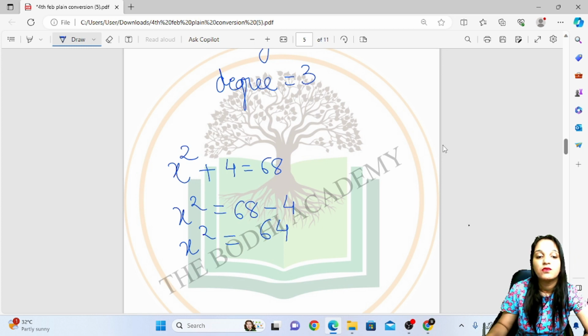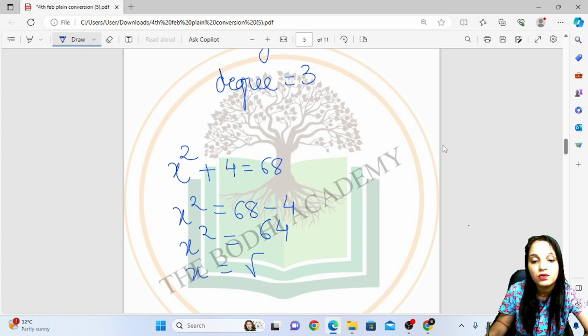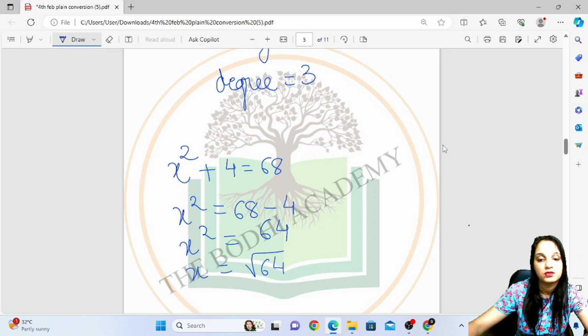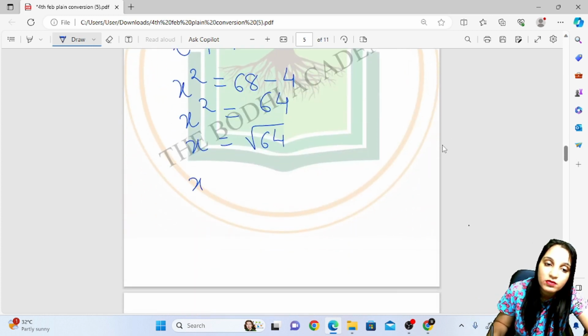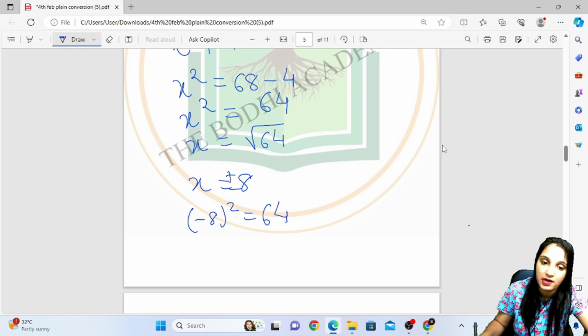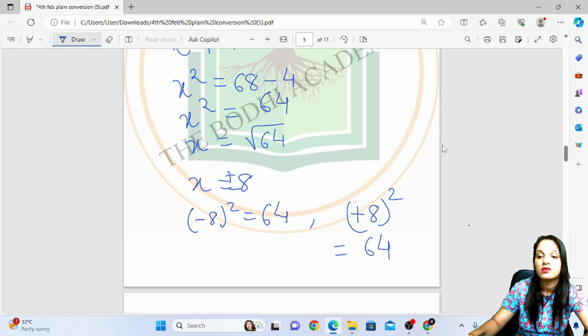Now x equal to root of 64. So what is the root of 64? Which is 8, plus or minus 8. Why plus or minus 8? Because minus 8 square is also 64 and plus 8 square is also 64.